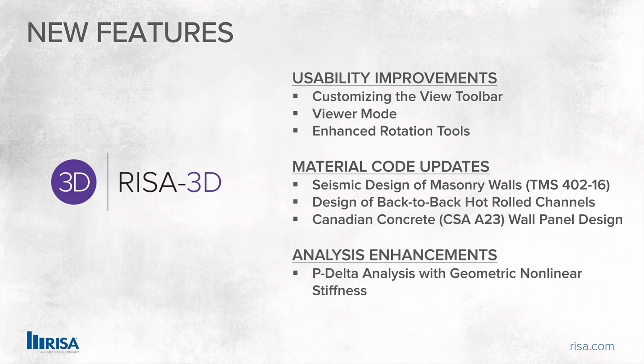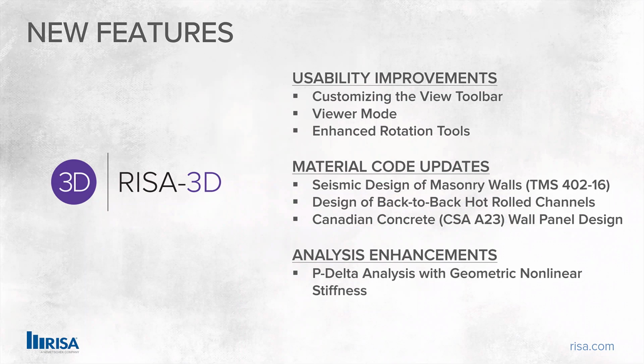We've also had a few material code updates, pretty highly requested ones, two specifically, both as they pertain to walls. The first is seismic design of masonry walls, something we've seen more and more requests for as more engineers are doing it. That has been added according to the American codes.